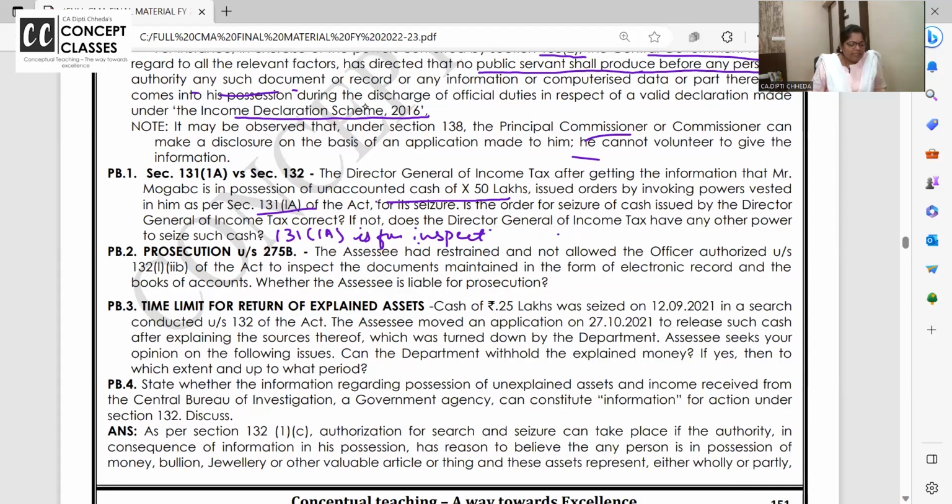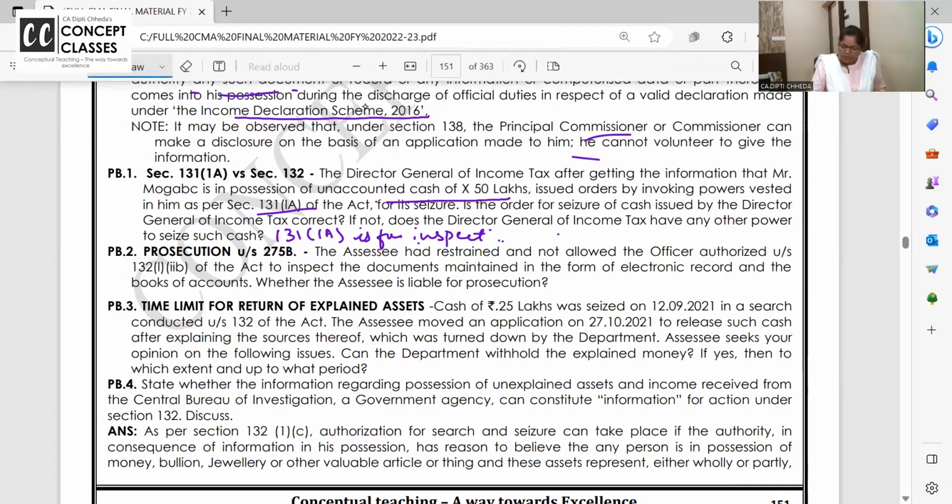अगर आपको सीज ही करना है, Director General wants to seize, no?